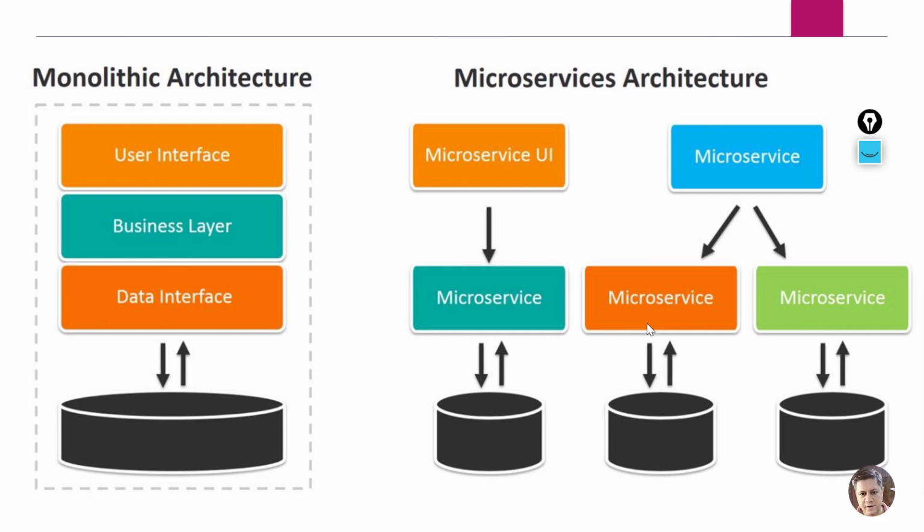Like it will be a different repo, it will work on a different port, it will have a different CI/CD pipeline, it will have a different set of people working on it, everything. Okay, so consider it as a separate project, but it will be a small project, and at the end all these things will be going on to the server and executing as if it's a single project.